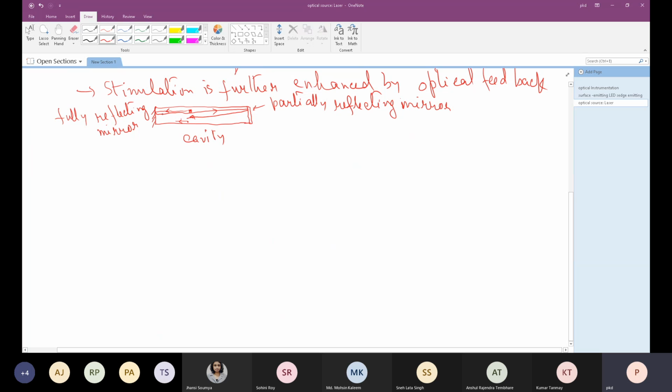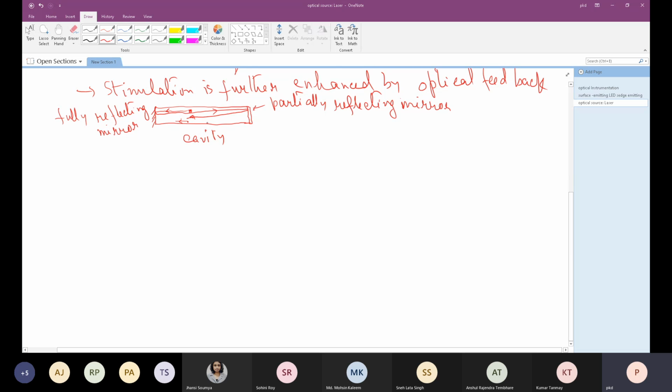So by putting two reflecting mirrors and the photons getting bounced back and forth, we are forcing the emissions to be phase matched. Therefore there will be a filtering effect as well, and also a directed nature of the laser will come, though some amount of optical collimation is done at this point.